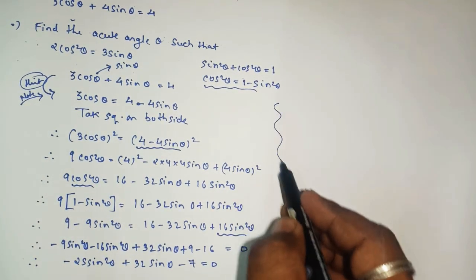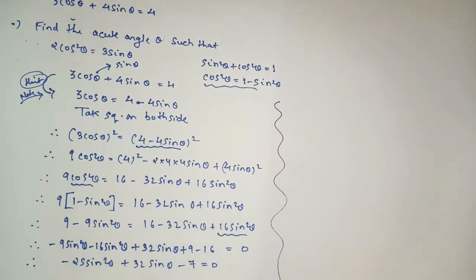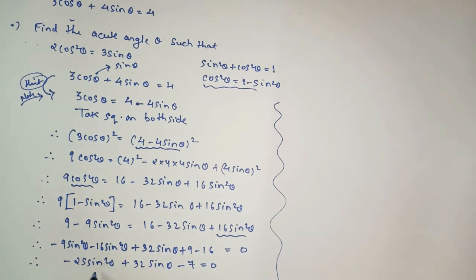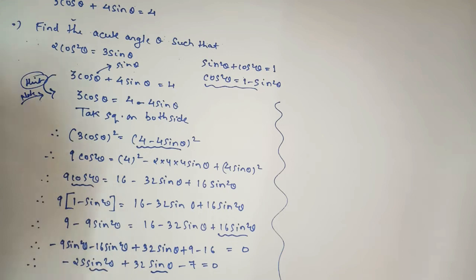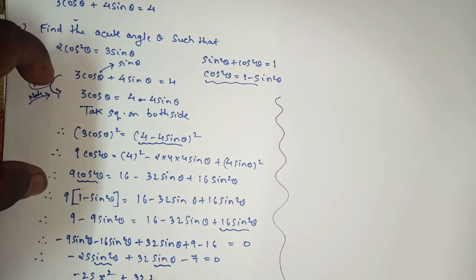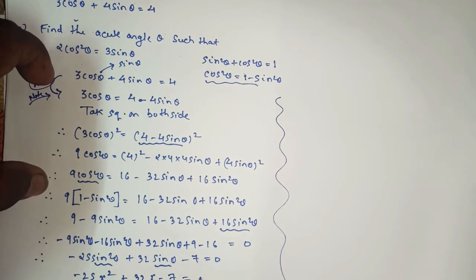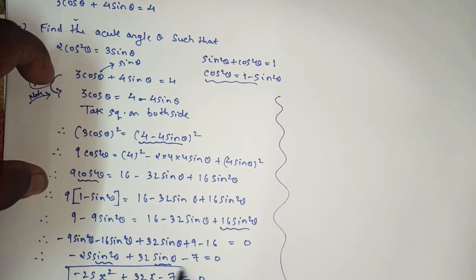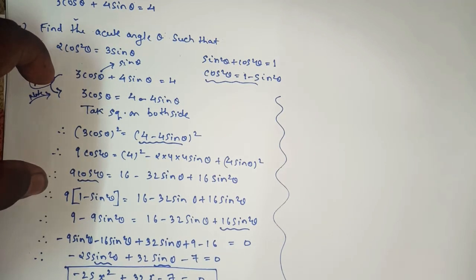So after this, listen here: suppose we replace this sine theta by any other alphabet, like here we'll write x. So this will be x square, this will be x, minus 7 equals to 0. This part actually looks like a quadratic equation, yes or no?